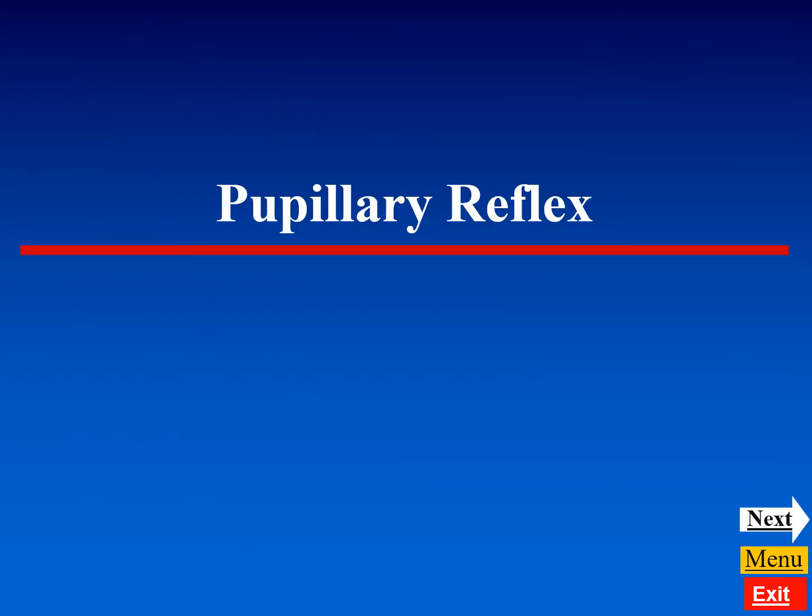This section deals with the pupillary reflex or pupillary light reflex, and it is one of the very important reflexes that is done in medicine, especially if there's been head trauma, to detect whether there is a disruption of the visual pathway, but it could mean that there's other serious events going on, such as a hematoma developing in the cerebral hemisphere, in the cranial cavity because of the head trauma.